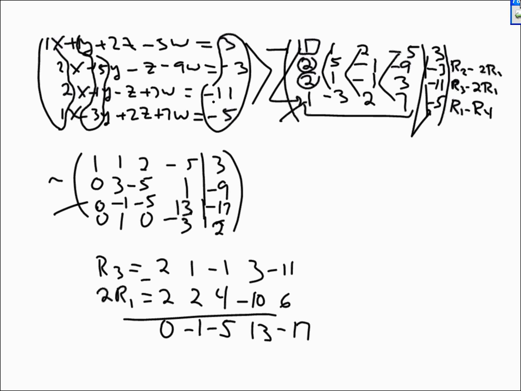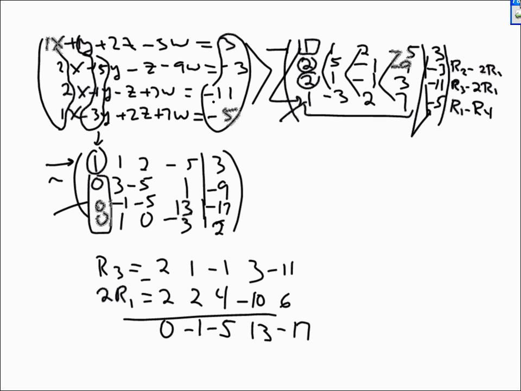Oh, okay. Okay, so everything is fine. What I would do here, and so now row 1 has that leading entry, and everything else in that column, namely column 1, is good.